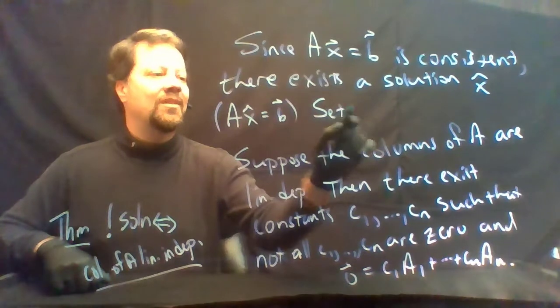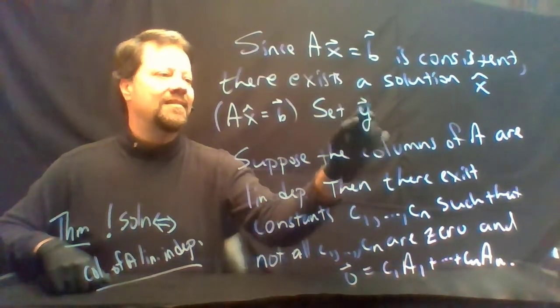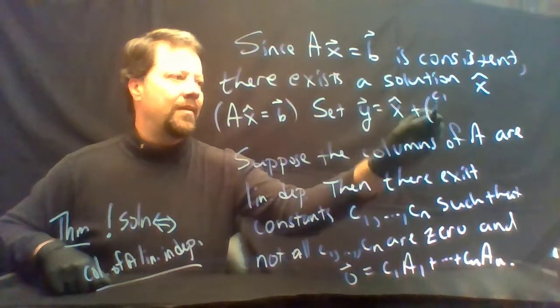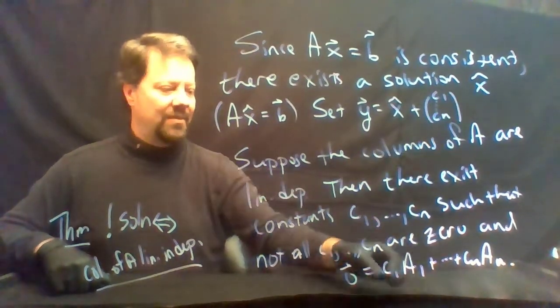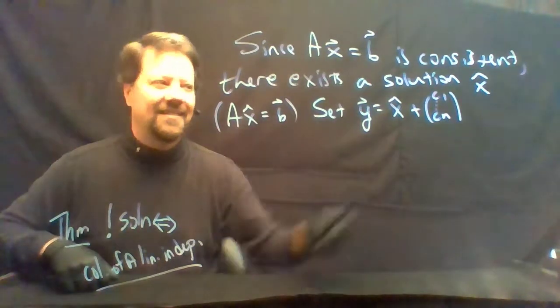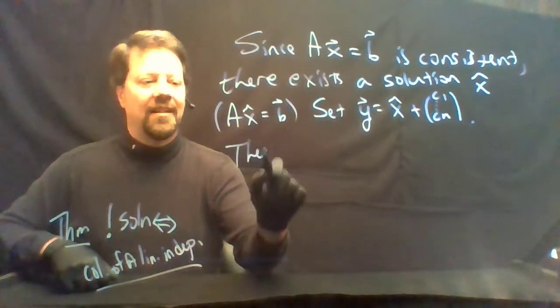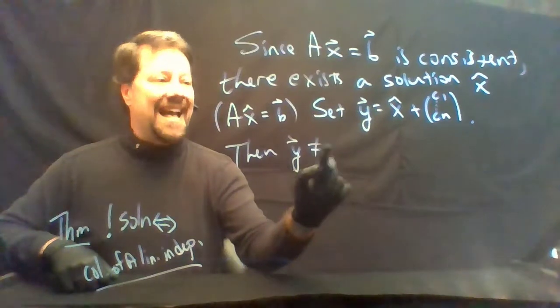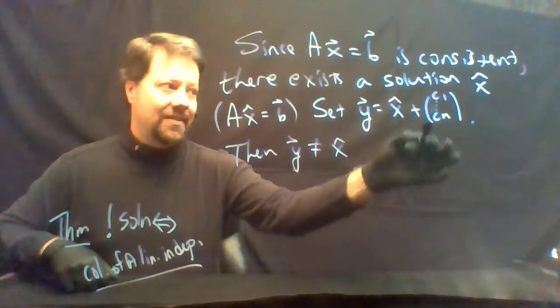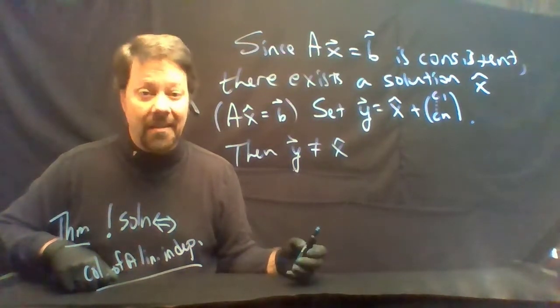We're going to set y equal to x hat plus the vector c1 through cn, where c1 through cn are these constants. Then y is not equal to x hat because c1 through cn are not all zero.